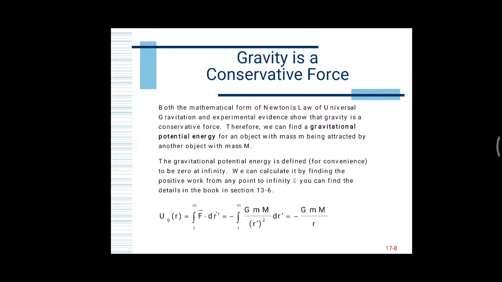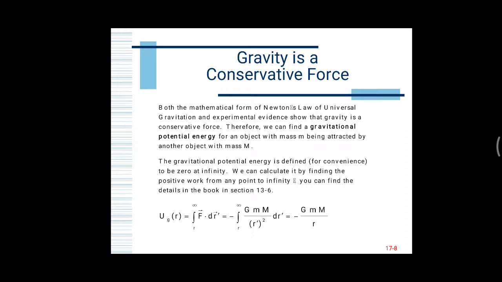You know that the work done can be found in such a way, that is W is equal to the integral of F dot dr. So here we are bringing the particle from a distance r to a distance infinity.